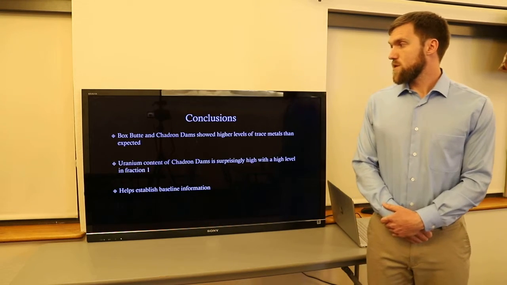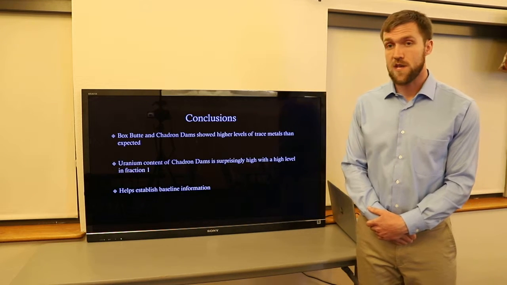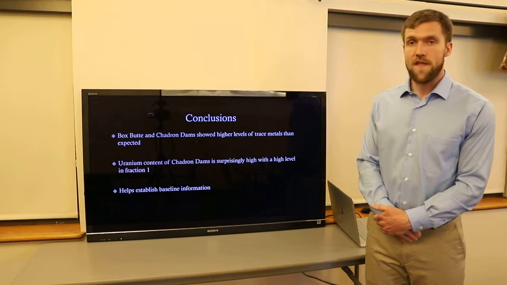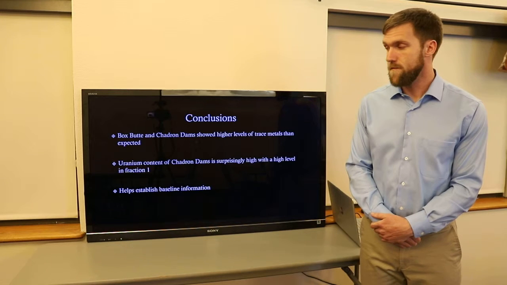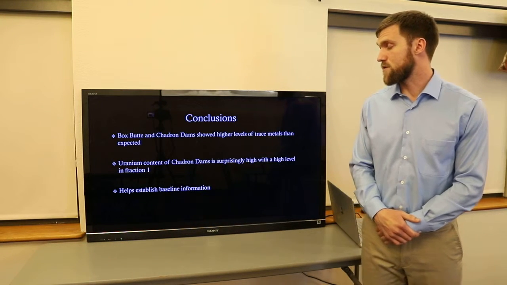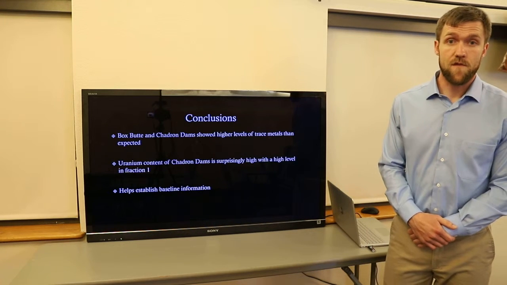So in conclusion, Box Butte and the Chadron Dam showed higher levels of trace metals than we expected to see, and we don't really know why this is, and it's definitely something we want to look into more in the future. Maybe of more concern, the uranium content of the Chadron dams is surprisingly high, with a high level in the first fraction.